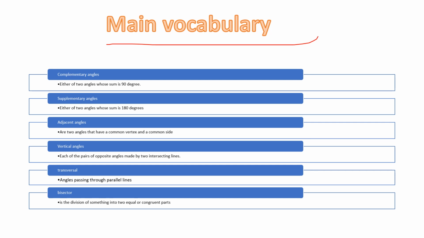A vertical angle is each of the pairs of opposite angles made by two intersecting lines. A transversal is a line passing through parallel lines. A bisector is the division of something into two equal or congruent parts, where congruent means equal. This is the vocabulary you will be using most of the time.